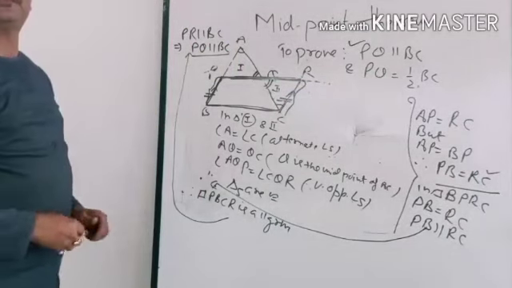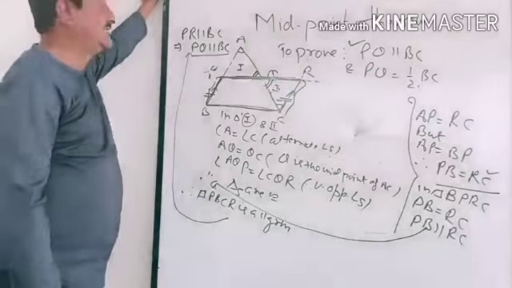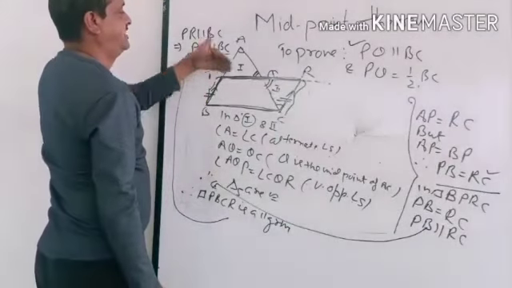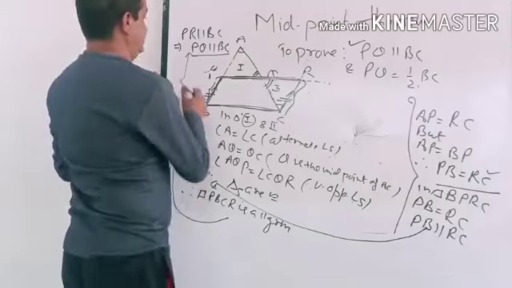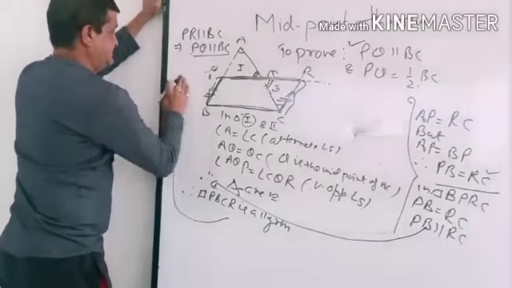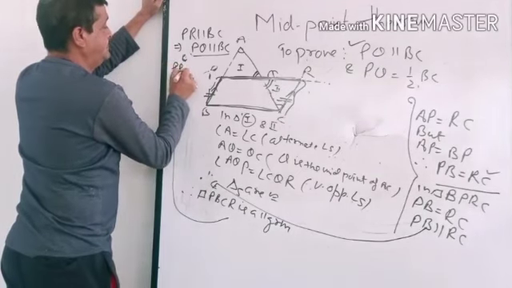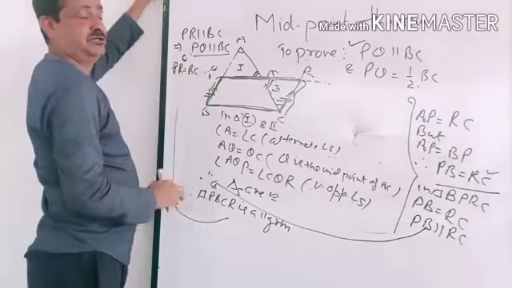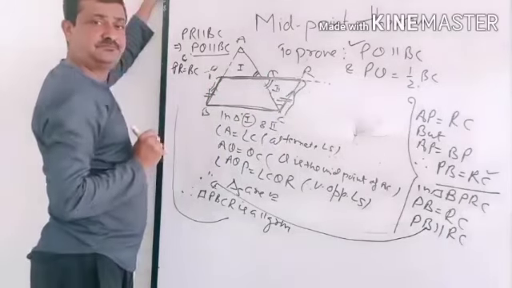Understand? That's why this construction work is needed. So this is the first part. Second part: parallel sides are also equal. One more result of this: PR is equal to BC because I have proved it as a parallelogram.